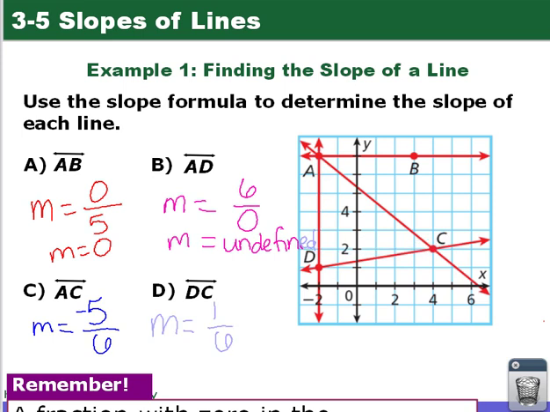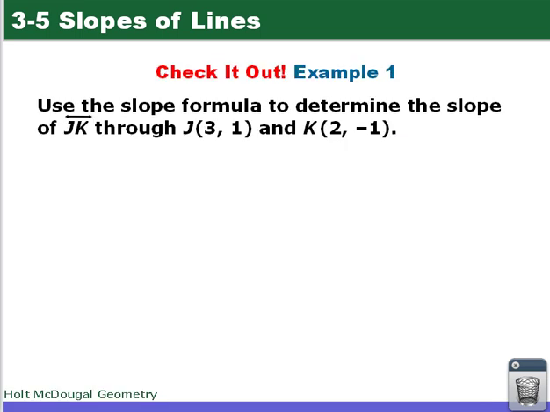Okay, for our last problem, slope of line DC, point D is here, point C is here, so we rose 1, so 1 is our numerator, and we ran 6, so our slope becomes 1 over 6.